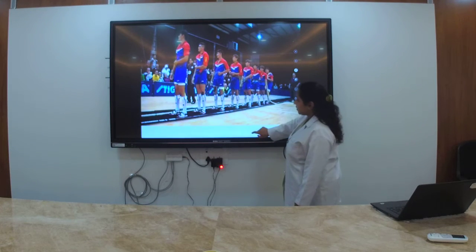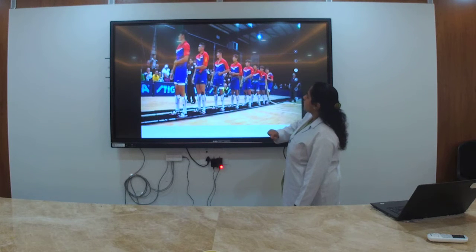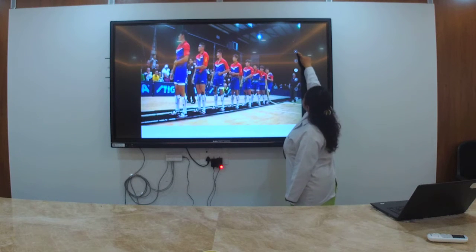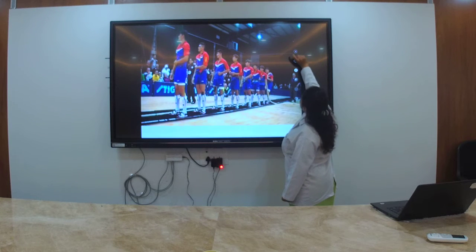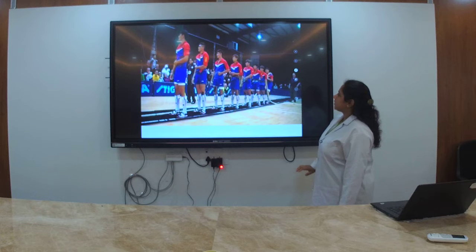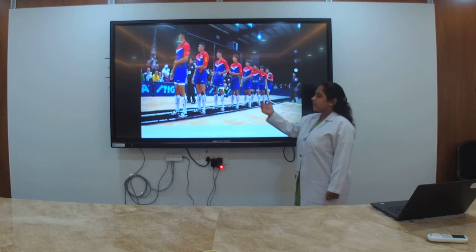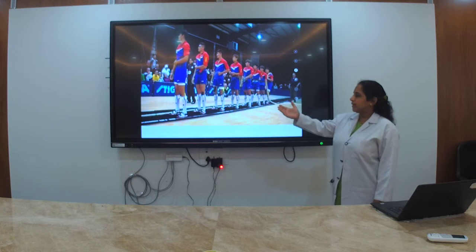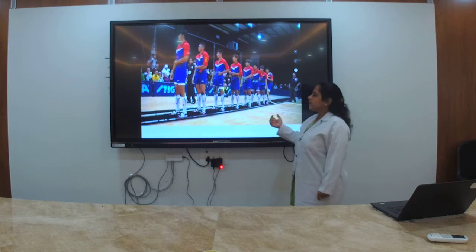Now let us see. You must have seen this tug of war. So this is nothing but the tug of war. There are two teams, team A and B, and those are pulling towards each other.